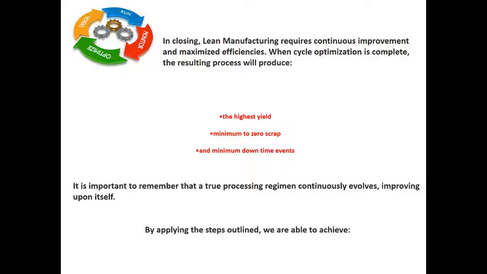We're always looking at our process and trying to figure out if there's other things we can do to optimize and improve upon the processes that we develop. By applying the steps outlined, we are able to achieve full efficiency while maintaining world-class quality parts.